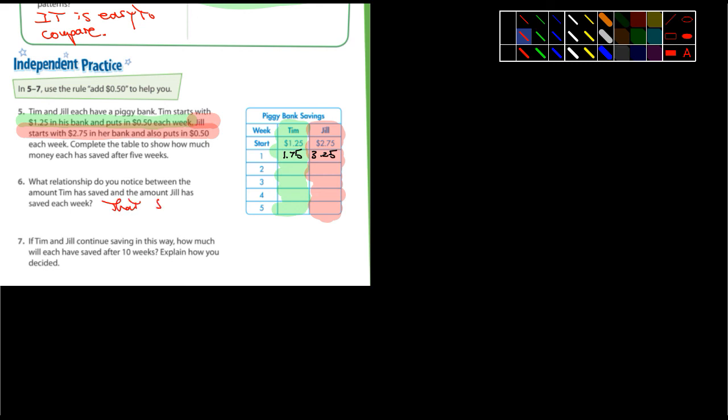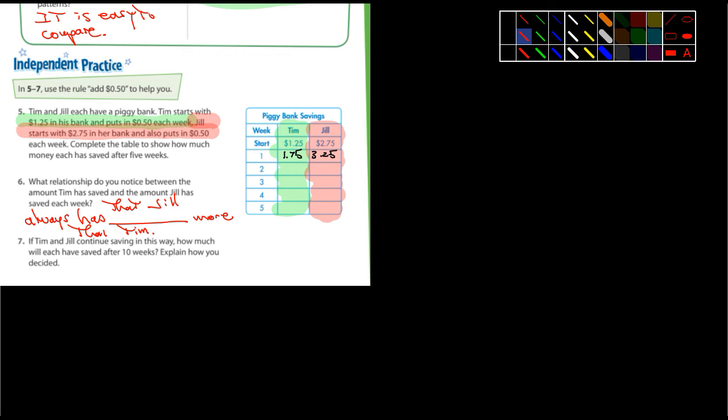That Jill always has how much more? Always has, and I'll let you fill that in, more than Tim. How much more does she always have?